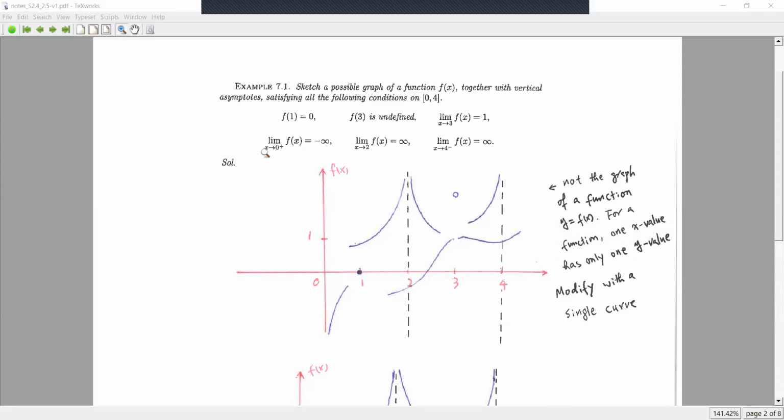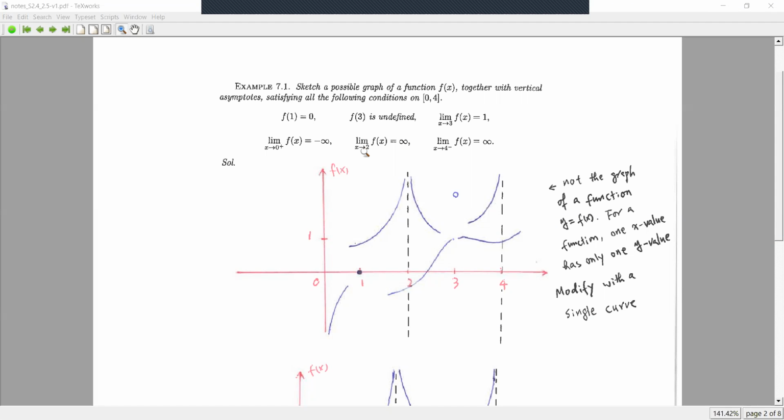Condition 4. As x approaches 0 from the right side, the function approaches negative infinity. This is an infinite limit. As x approaches 0 from the right side, the graph goes down to negative infinity. Condition 5.